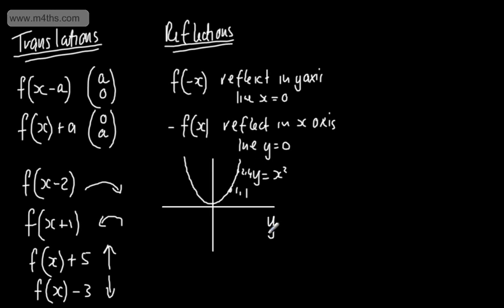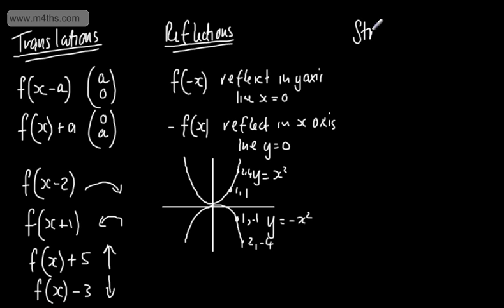If we did y equals minus x squared, which is minus f of x, we would end up with a reflection in the x-axis. This point would go to (1, minus 1), and this point would go to (2, minus 4). So all we're doing is simply reflecting in the x-axis, or the line y equals 0. All of the y coordinates change their sign.